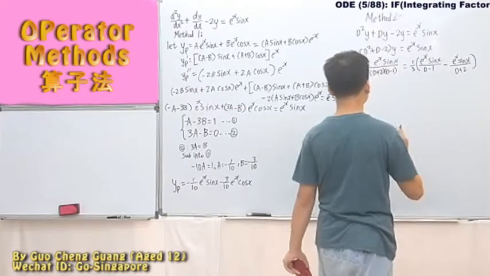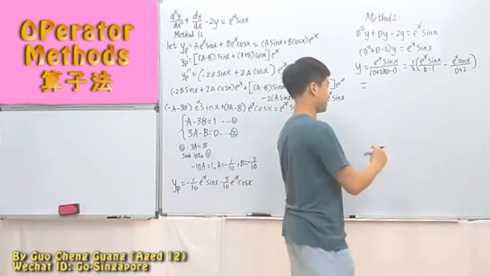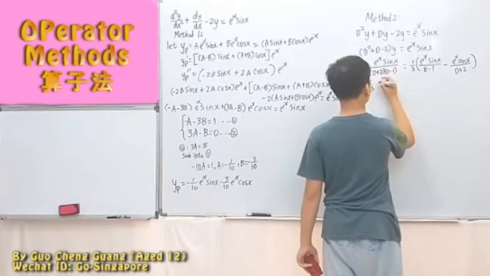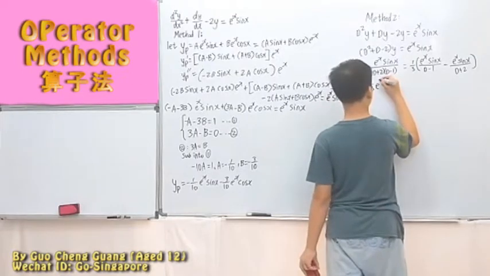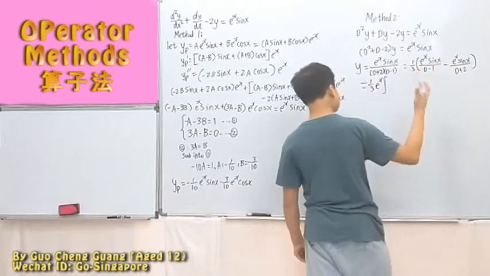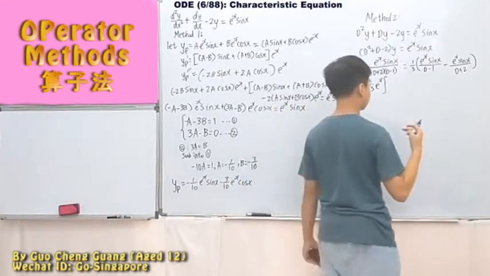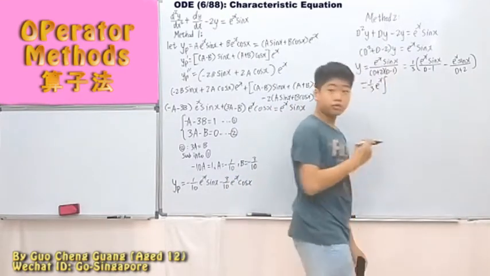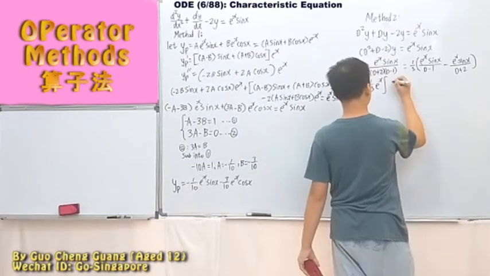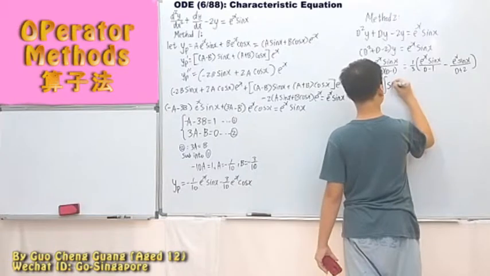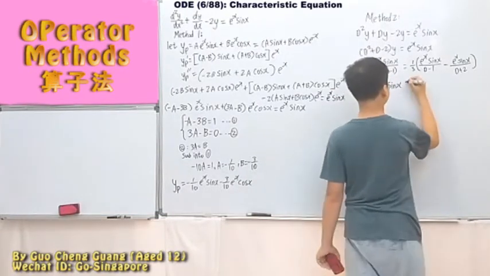So what else? So we're going to have the integrating factor right now. So at this part, it is e to the power of x. While inside, it will be e to the power of negative x. But for e to the power of negative x, you can solve this, and it will be sine x.